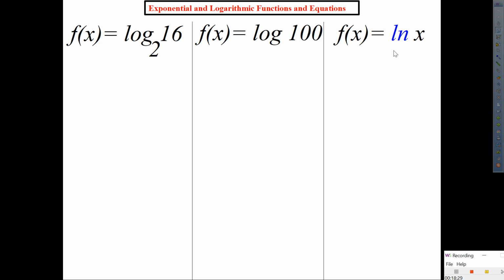Now, why is that, Mr. Q? Because that one represents a particular variable that we use a lot in statistics and number crunching in the world, such as the business world. ln stands for the letter e, which is 2.718. Write that down right above that in blue. e is approximately 2.718.